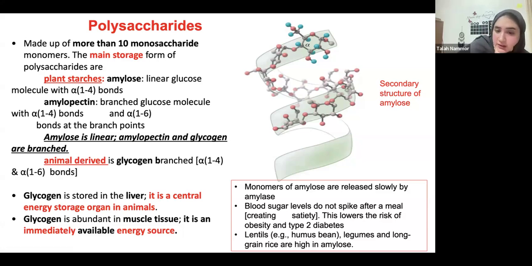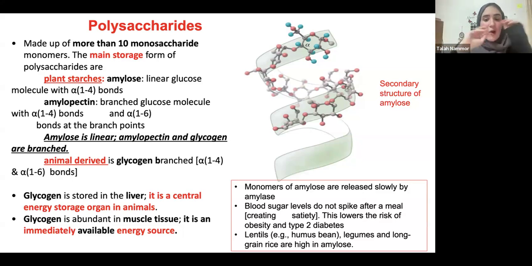Okay, here they're saying monomers of amylose are released slowly by amylase. You know that specifically in our mouth we have the enzyme called amylase. So when you eat, let's say bread, the enzyme in our mouth called amylase will start breaking down the amylose in the bread or in whatever carbohydrate you ate.